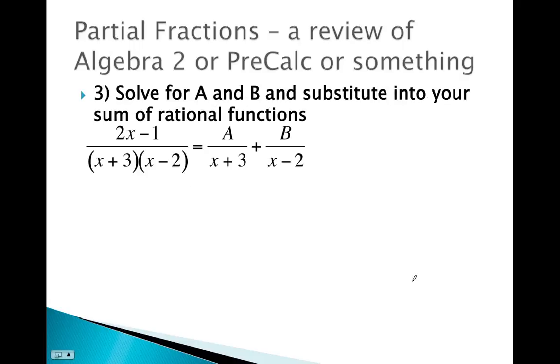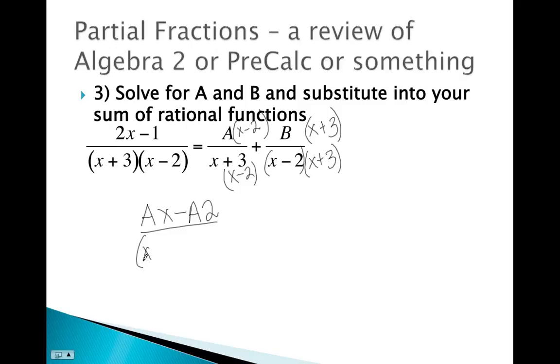The way I'm going to solve for those constants is essentially by doing what we did in the warm-up. Okay, so for this first one, what I need to do to get a common denominator is multiply by x minus 2 over x minus 2. The second one needs to be multiplied by x plus 3 over x plus 3. And I'm going to essentially multiply this all out and force it to be equal to what I had originally. So I take this a and I multiply it through by the x minus 2 factor, and I get a times x minus a times 2 over x plus 3, x minus 2.